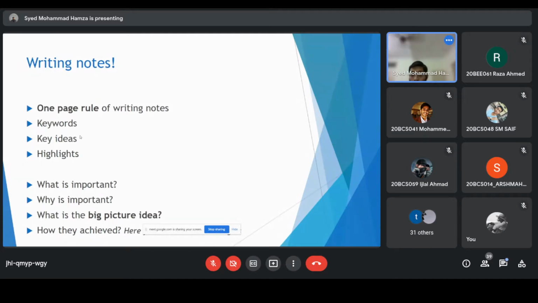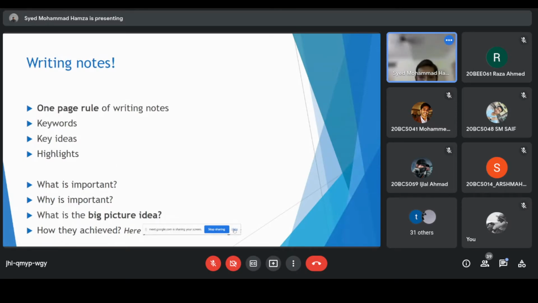So you write down the problem statement that the paper is talking about. Why is it important? Why did the author accomplish this? You have to ask that, and then you have to ask, the most important thing, the big picture idea. How in the real world this piece of research is going to help, or this piece of research is going to help in general the academy or the industry. That is a big picture idea. You have to write down the big picture idea.